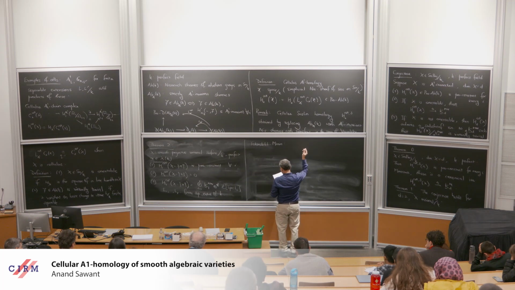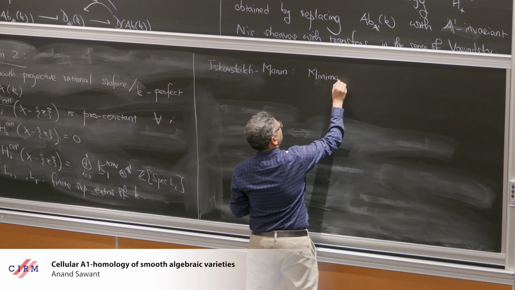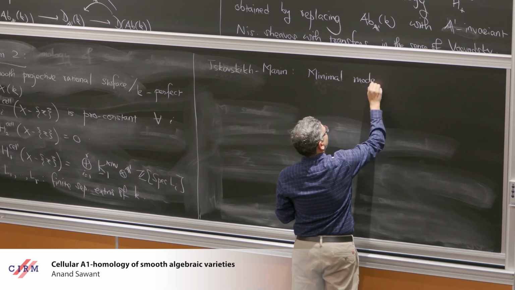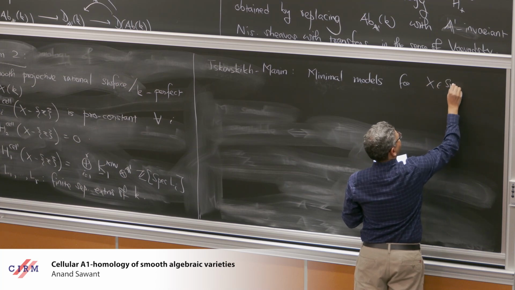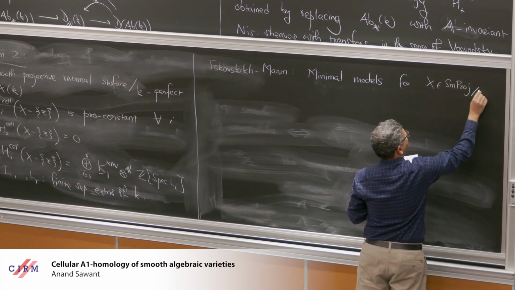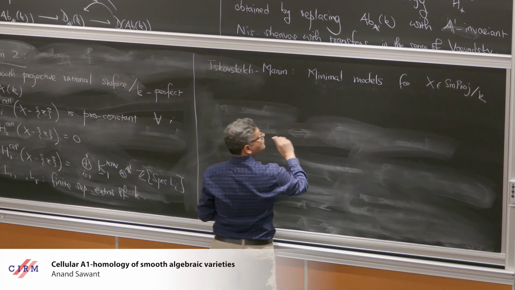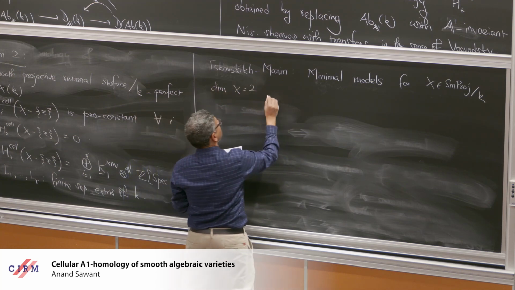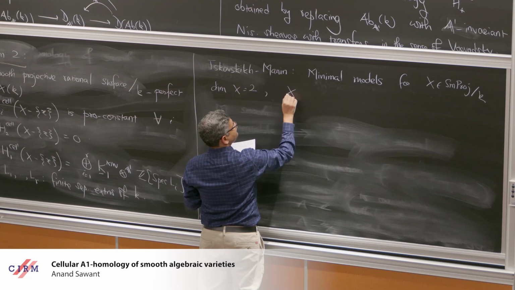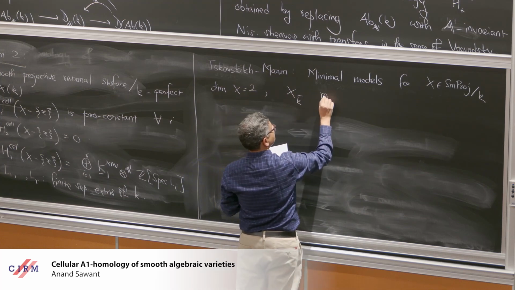So they basically determine minimal models for smooth projective surfaces which are geometrically rational, X over k bar rational.